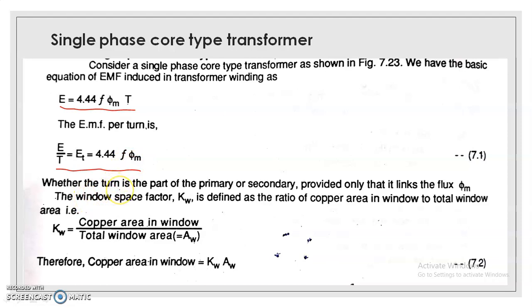Whether the turn is part of the primary or secondary, it only matters that it links with the flux phi m. The window space factor Kw is defined as the ratio of copper area in the window to total window area.